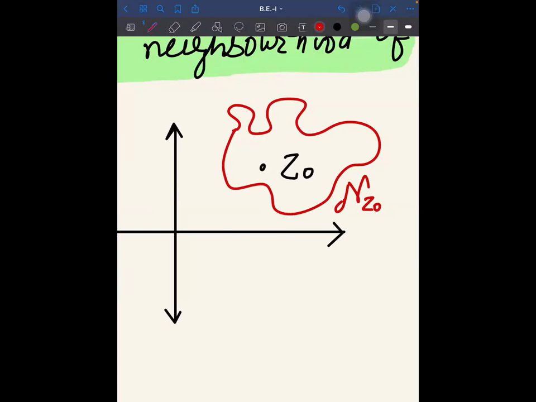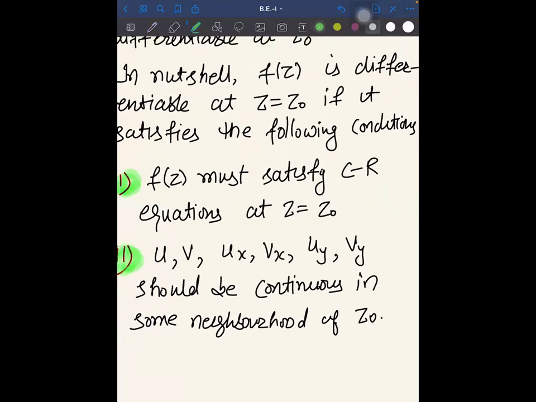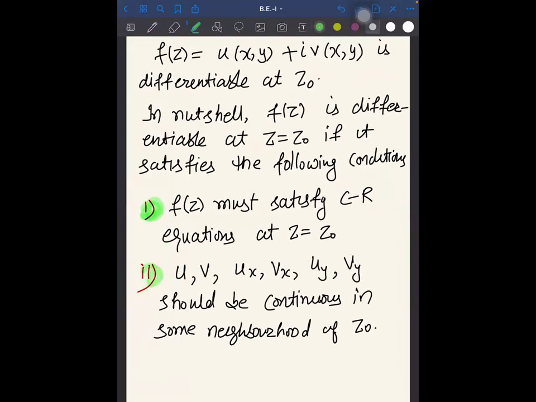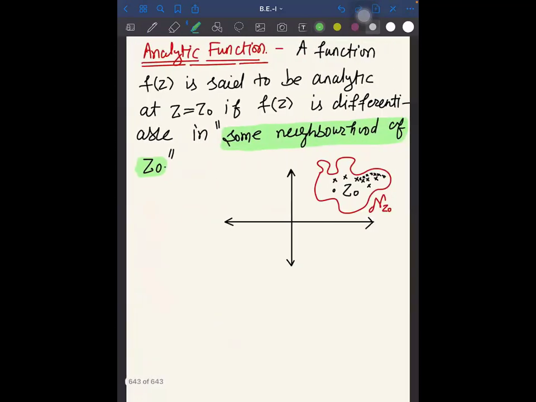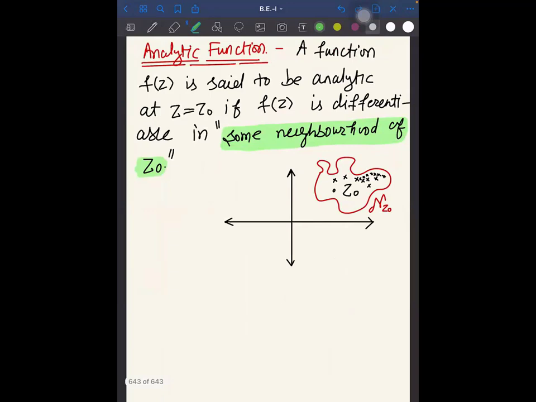There are so many points in this neighborhood, and at each of these points the function should satisfy these two conditions, condition number 1 and condition number 2. If it satisfies these two conditions at every point of this neighborhood, then we'll say that the function is analytic at z equal to z naught. We will check the whole neighborhood around z naught; at all points within that neighborhood the function should be differentiable, which means it should satisfy both conditions. The neighborhood may be big or small, doesn't matter, but at least one such neighborhood must exist. Are you getting my point?